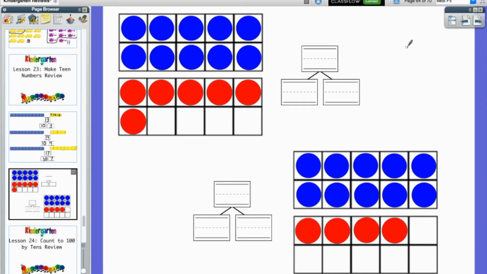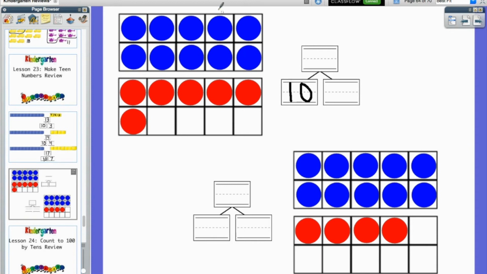Let's look at it in our 10 frames. We looked at it with our cubes, and let's look at it with our 10 frame. How many blue dots do we have if our 10 frame is filled in? That's right. If it's all the way filled in, that means that there are 10. Let's count and make sure. 1, 2, 3, 4, 5, 6, 7, 8, 9, 10.